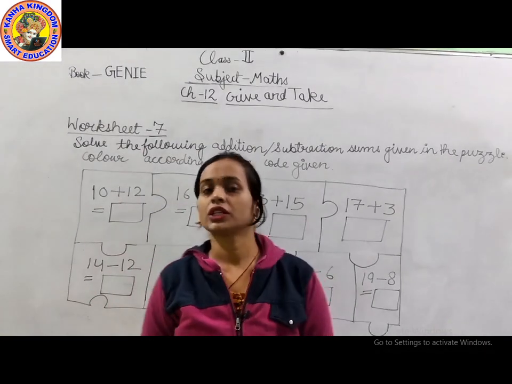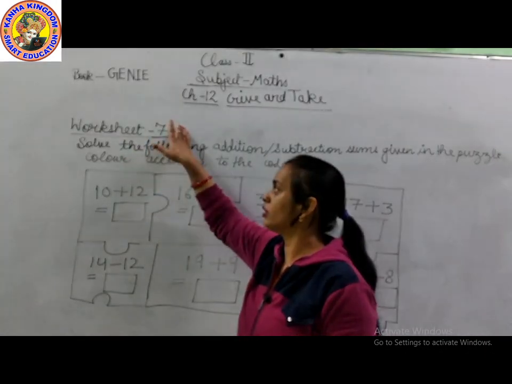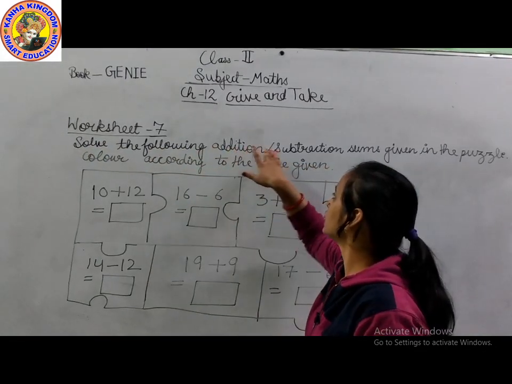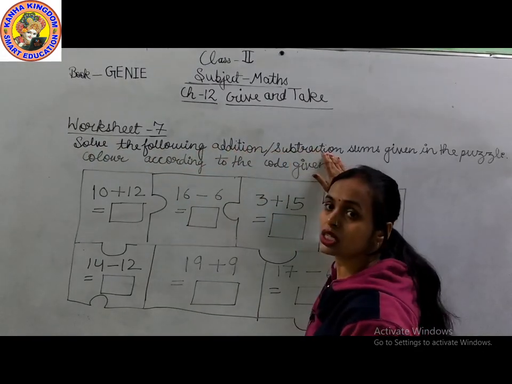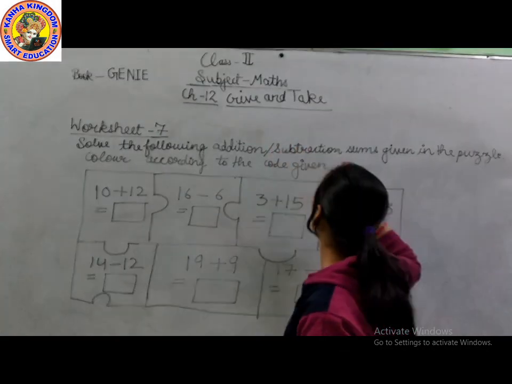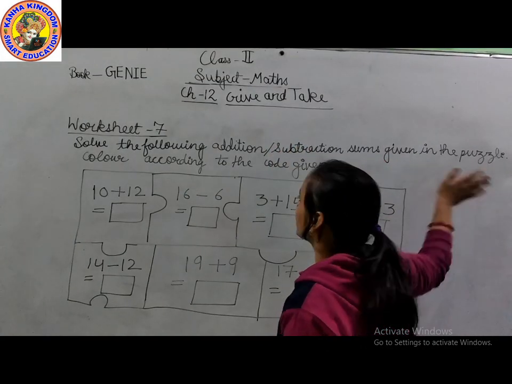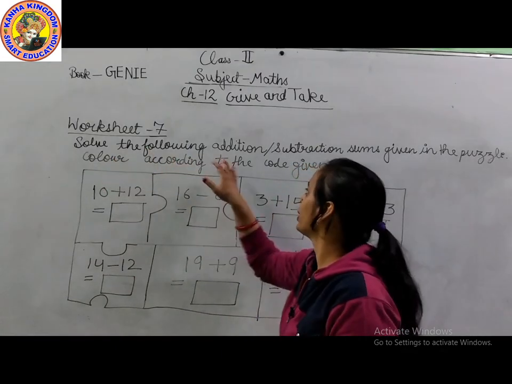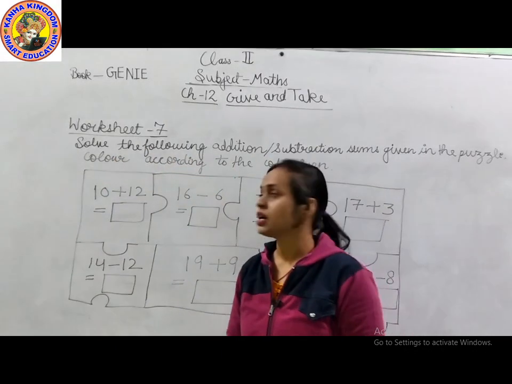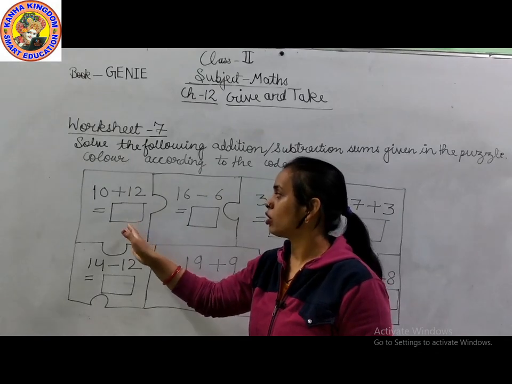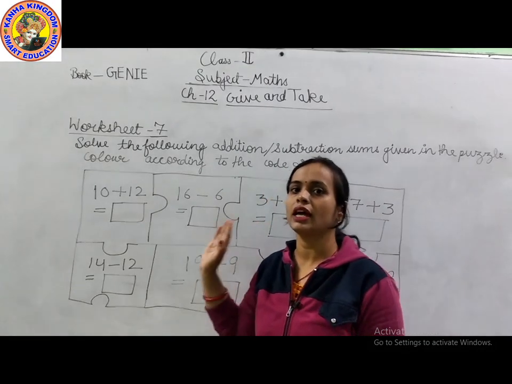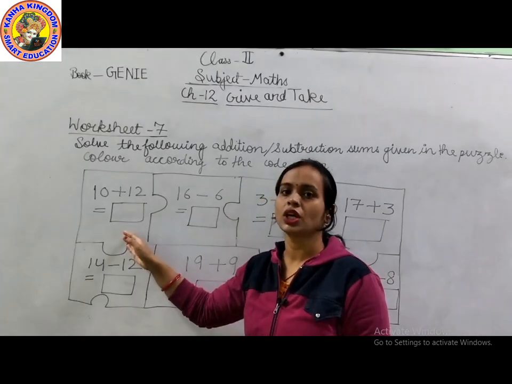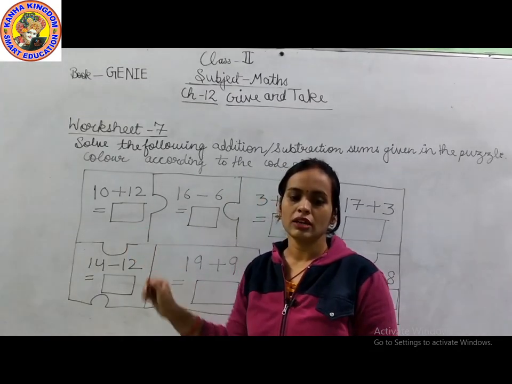Now our next worksheet is worksheet 7. Solve the following addition and subtraction sums given in the puzzle and color according to the code given. First, solve the following questions and then color the blocks, color the puzzles using the color code.